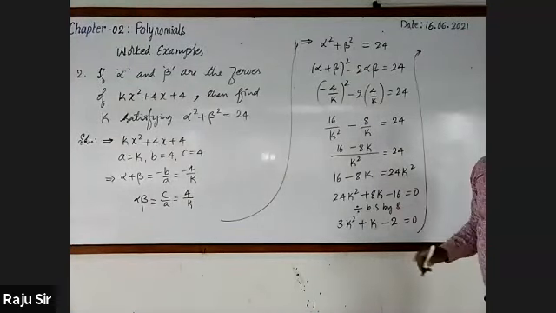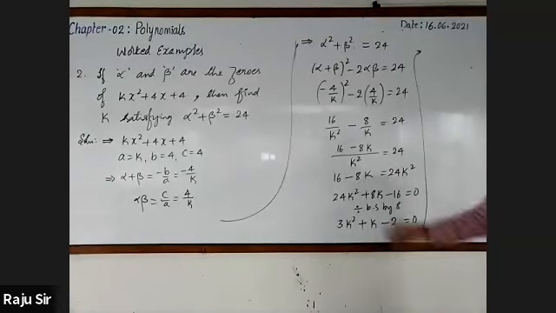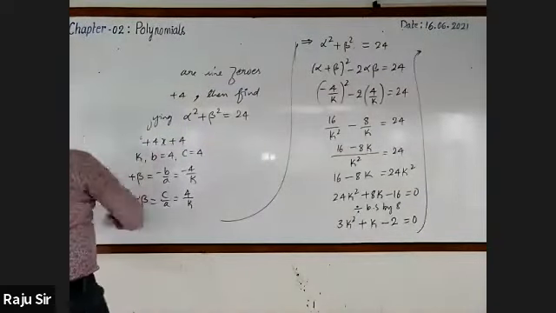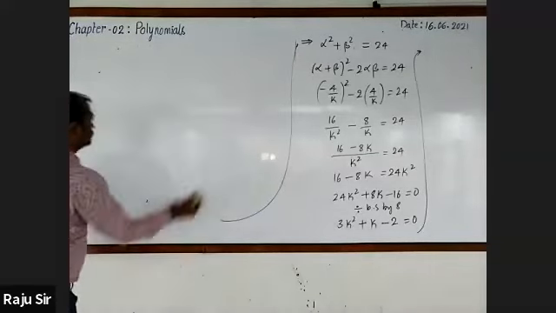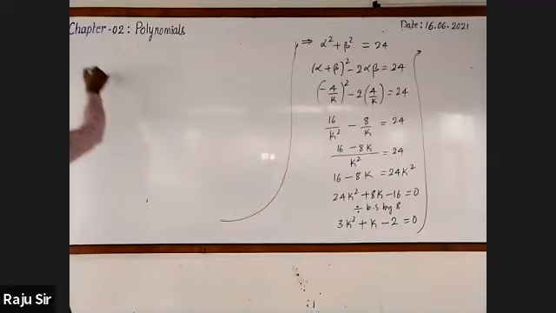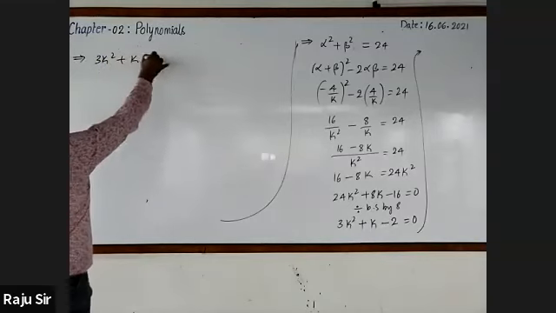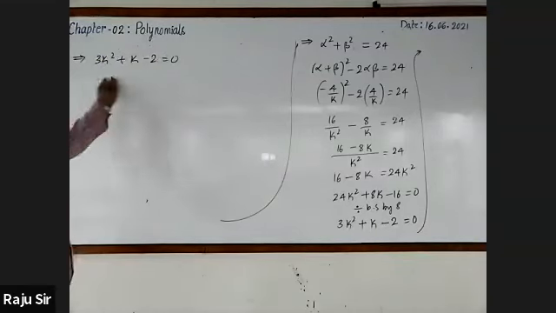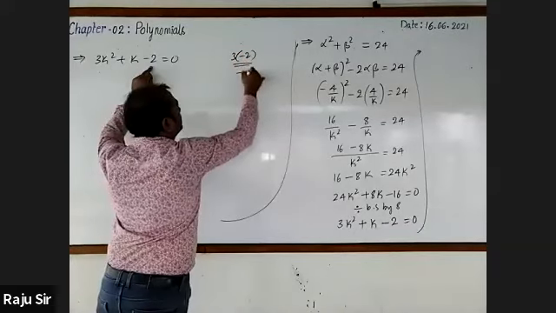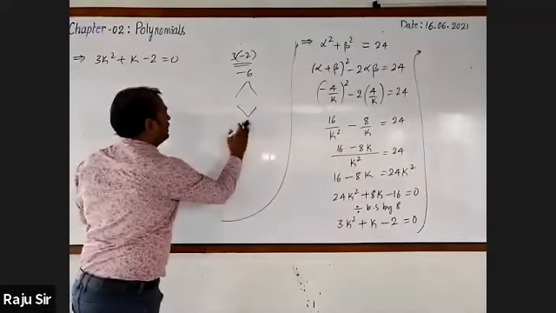Now, it should be simplified by factorization. I'll write that here. 3k square plus k minus 2 equal to 0. Multiply first and last term, 3 and minus 2, it will be minus 6. Middle term is just 1k.